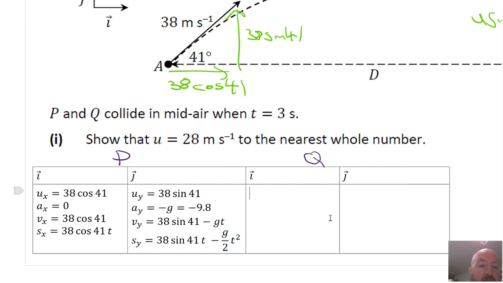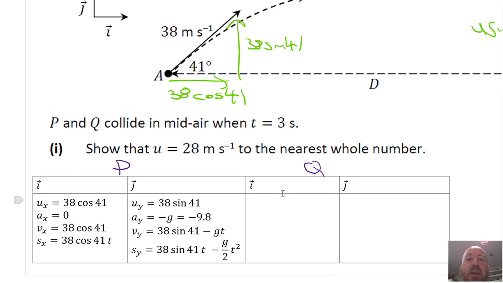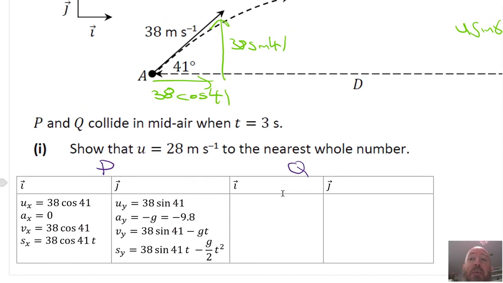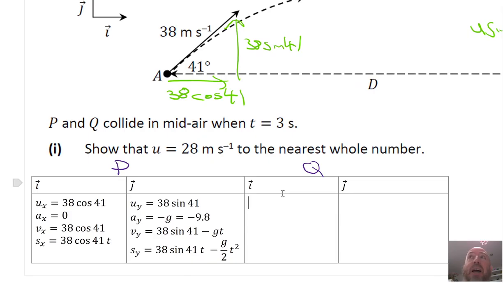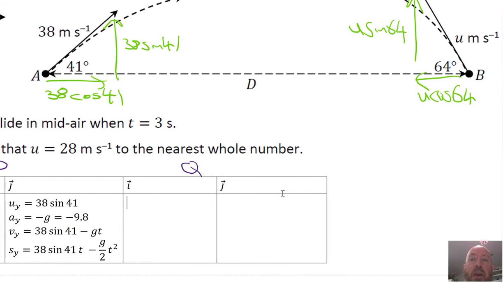U, V, A, S and T are all built in there. And so now we do the same thing. You can pause it just to make sure you're happy with my numbers and work through your own diagram to make sure. Then for Q, Ux equals U cos 64.